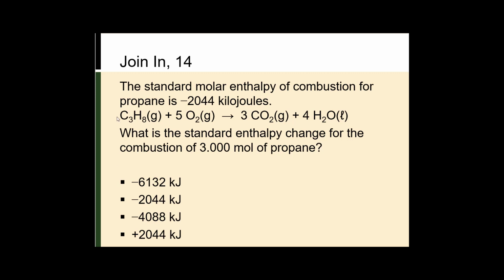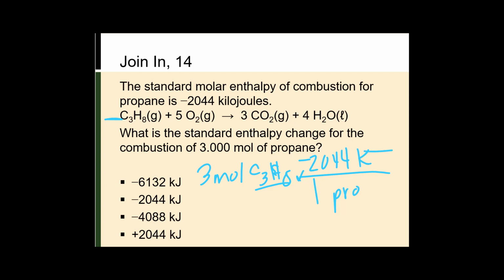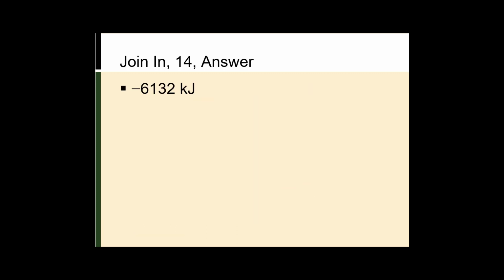Well, hopefully you went from 3 moles of C3H8. We know that for every 1 mole of propane, it is negative 2044 kilojoules. So I just need to do 2044 times 3, and hopefully you got negative 6132.